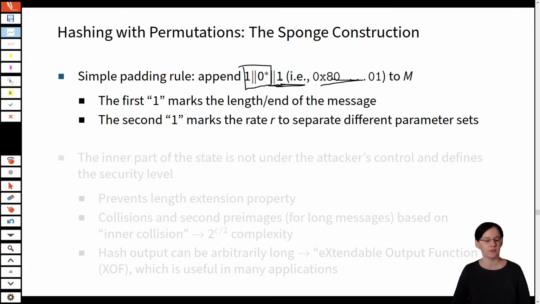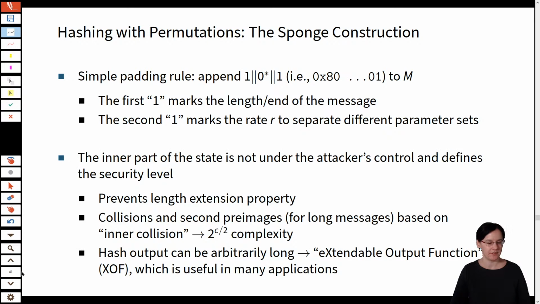We need to XOR an additional 1 at the end. This is supposed to show how big the rate, so the outer part of the state is, because this will be in the least significant bit of this outer part. So the first one marks where the message ends, and the second one marks the size of the blocks in order to distinguish different variants of the cipher.